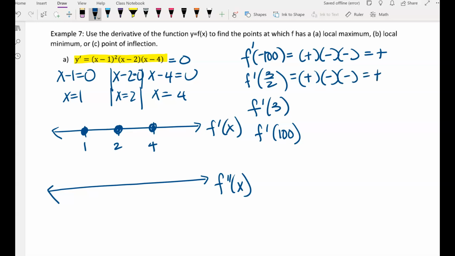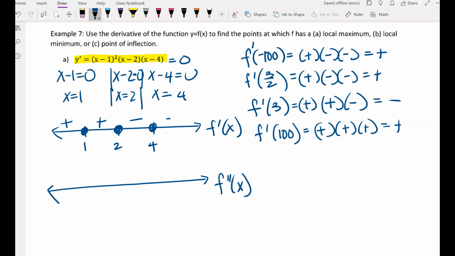So that's now still positive. So positive, positive. When we plug in 3, 3 minus 1 squared is positive. 3 minus 2 is positive. 3 minus 4 is negative, so that's negative. And right-hand behavior, that's going to be positive, positive, and positive.